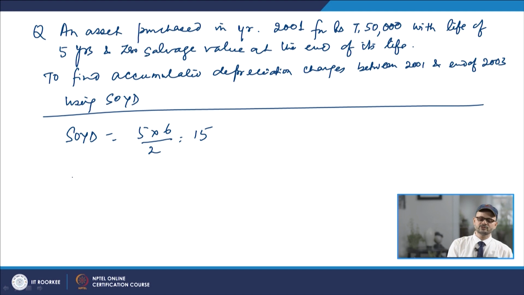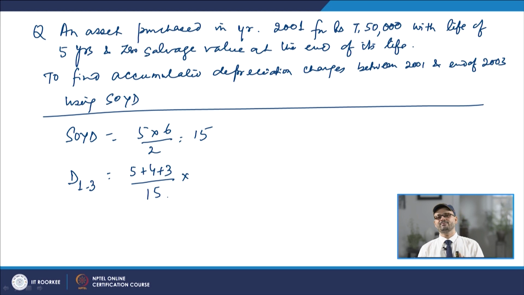So, your depreciation charge D1 to 3 will be 5 plus 4 plus 3 divided by 15 and into P minus F or C minus S, whatever we can say, the first cost minus the salvage value. So, anyway that is 0. So, it will be 7,50,000.